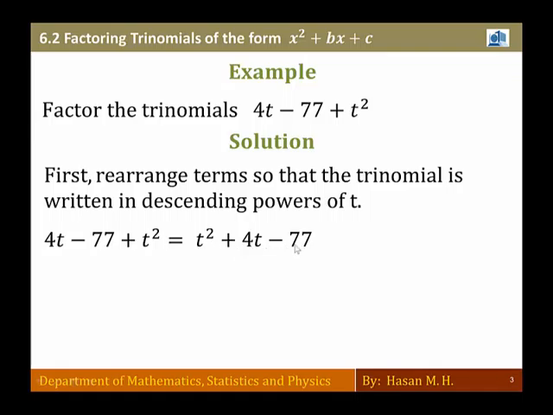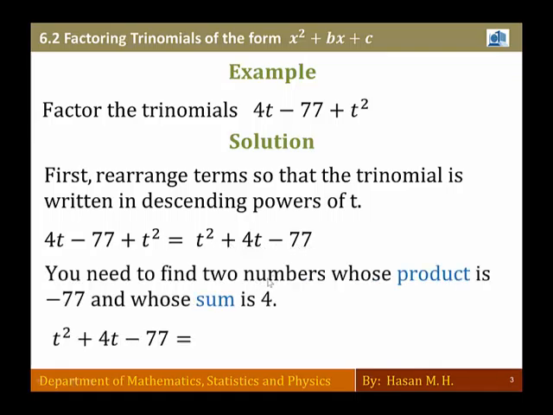To factor this trinomial, you need to find two numbers whose product is negative 77 and whose sum is 4. The two numbers are negative 7 and 11. Therefore, the factorization of t squared plus 4t minus 77 equals open parentheses t minus 7 close parentheses times open parentheses t plus 11 close parentheses.